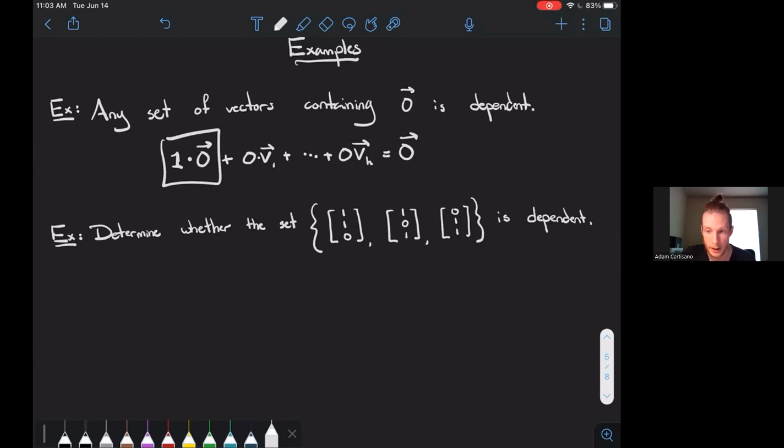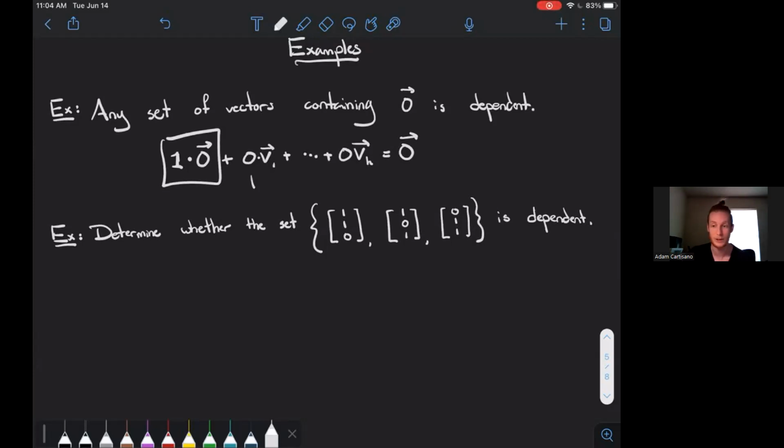It was the zero vector. Since someone handed me a set of vectors that included the zero vector, I'm free to multiply that one by anything that's not 0 and multiply the other ones by 0. It doesn't matter. This linear combination has a non-zero scalar, namely the number 1. And that was all that we needed.